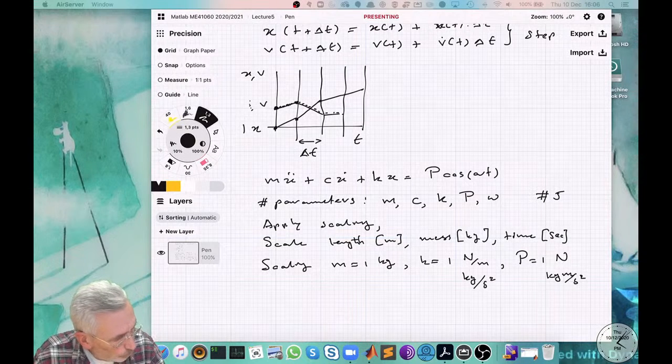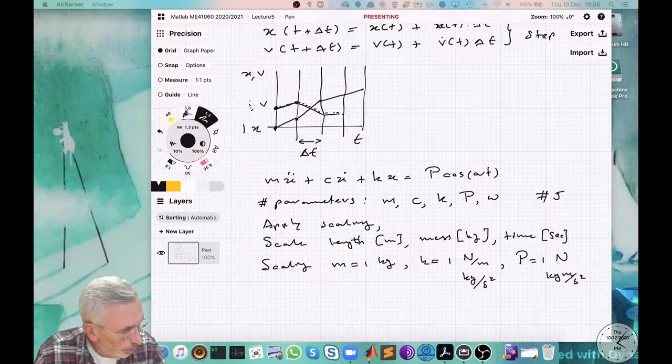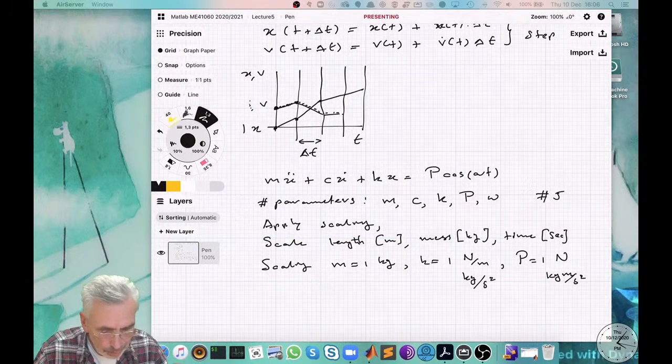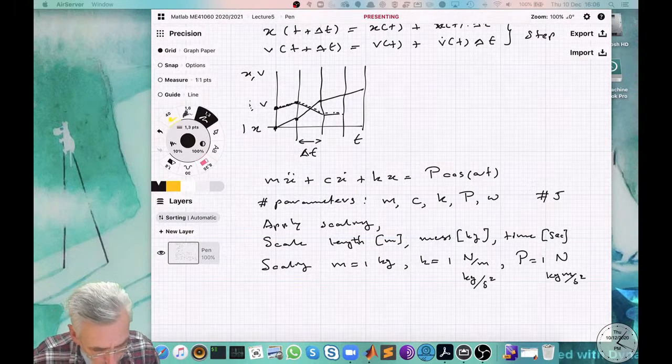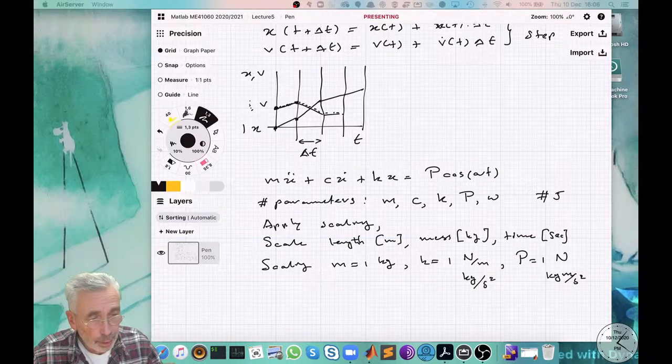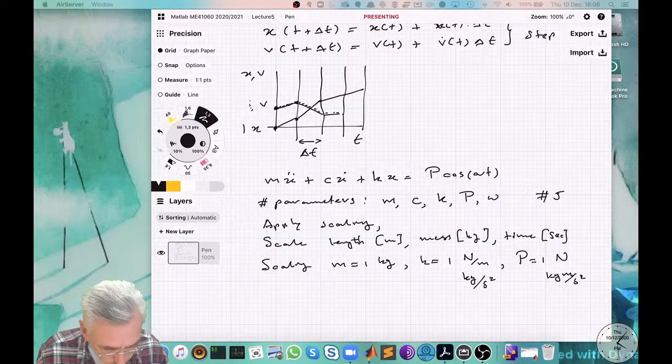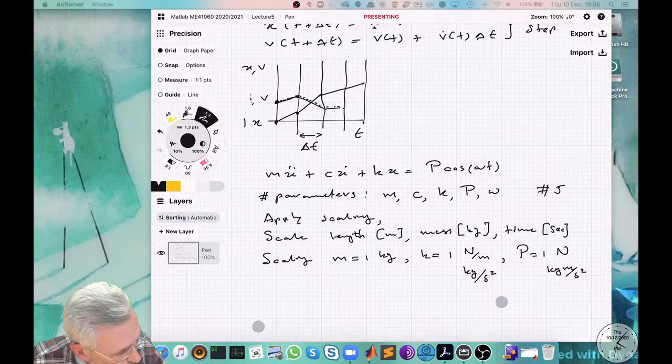If you divide P by k, then you have a sort of unit length, because that is the static elongation of the spring. And if you divide k by m, you get a time, and then you take the square root of that, and you have a frequency, or that is a time scaling. It's all not so hard, but I'm not going to do that here. I'm just keeping it like this.